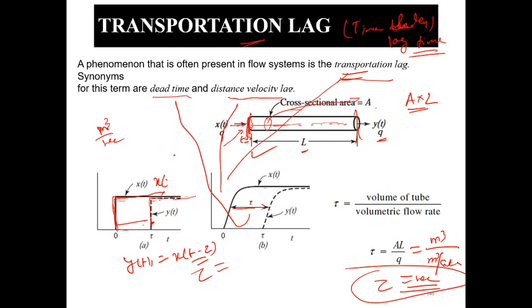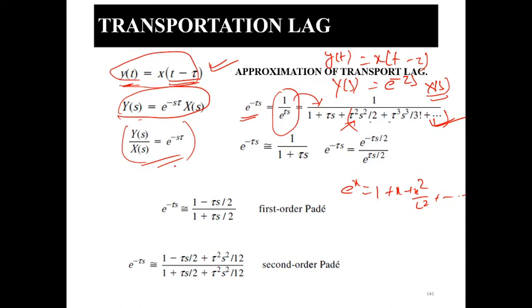Ideally it should be 0, because we are not bothering about that delay, we are bothering about the transient response of the system. So if this value is very small, we can neglect the higher powers of the time constant, and therefore we can write e to the power minus tau s equals 1 upon 1 plus tau s.